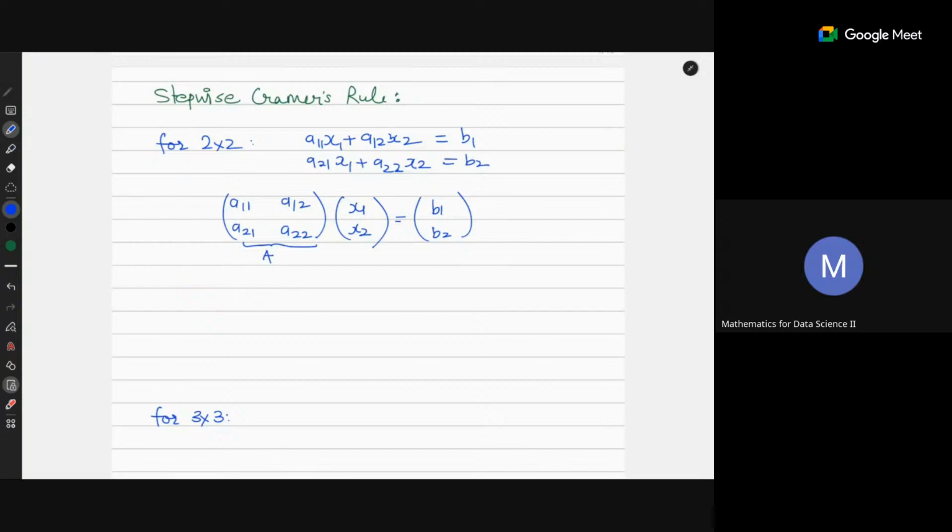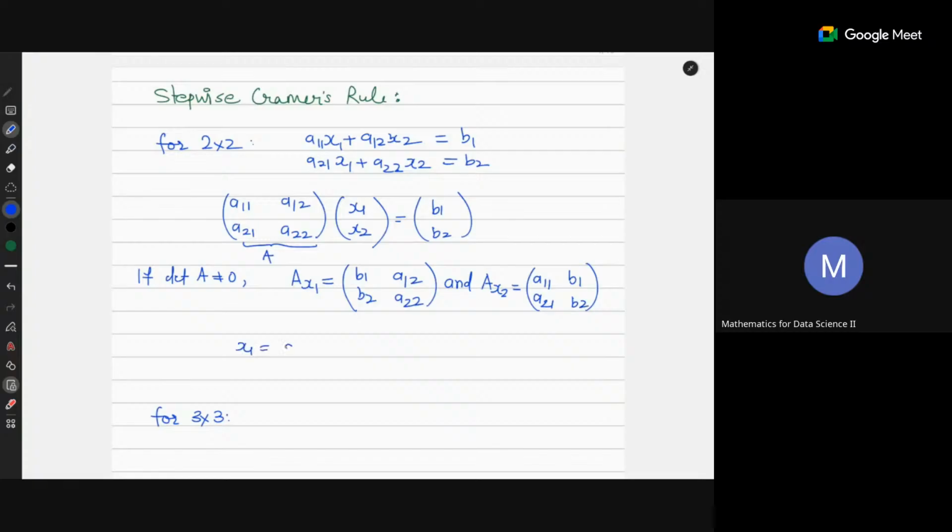Now, if the determinant of A is non-zero, then Cramer's rule tells us the following. You define AX1 by replacing the first column with the column vector on the right hand side and finding the determinant, and AX2 by replacing the second column with it.